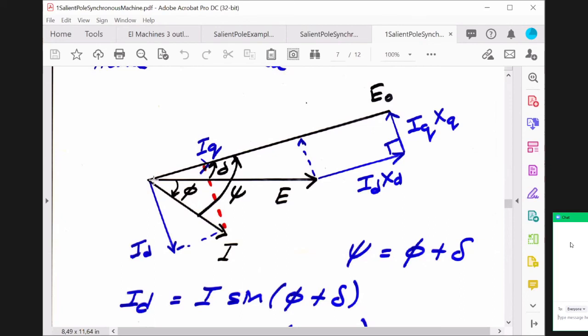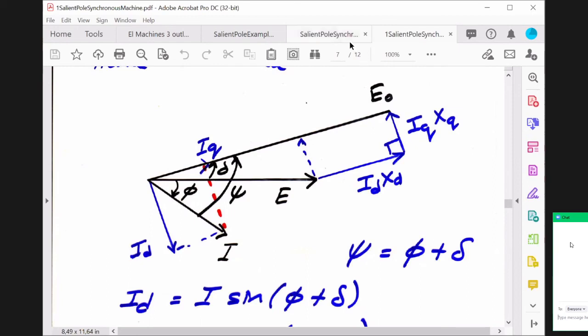This phasor will be from here up to this point, and the remaining part, from this point to here, will be Id Xt. So if we know E cos delta, by adding the second part, which is Id Xt, we can determine E naught.